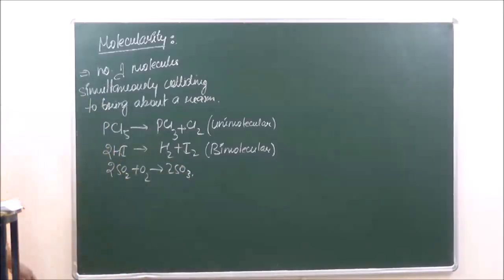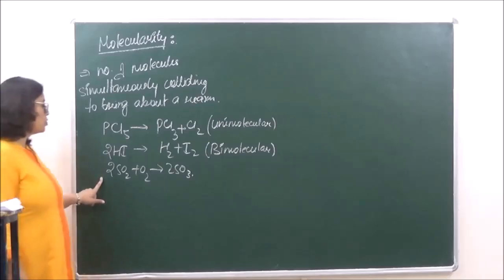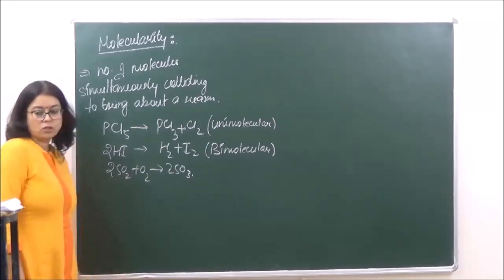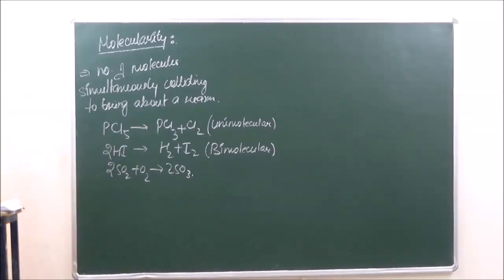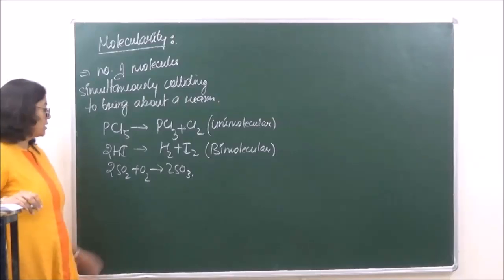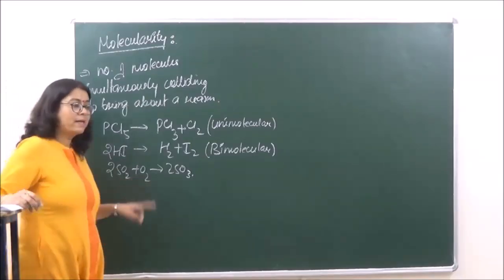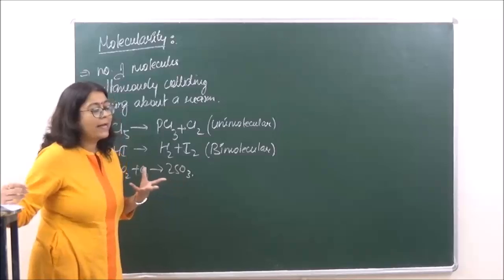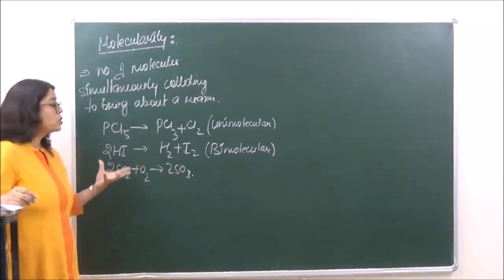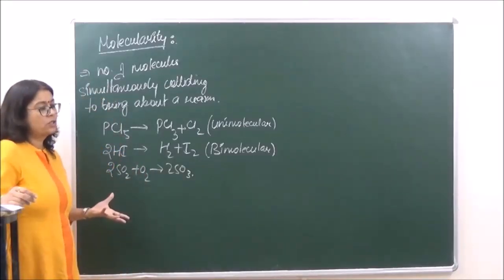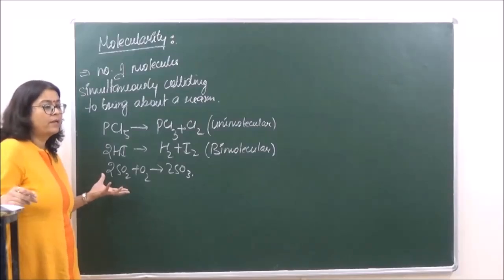This is a trimolecular reaction because two molecules of sulfur dioxide and one molecule of oxygen are colliding together. So basically, the number of reacting species which are colliding together in the slowest step of the reaction, that is the molecularity.